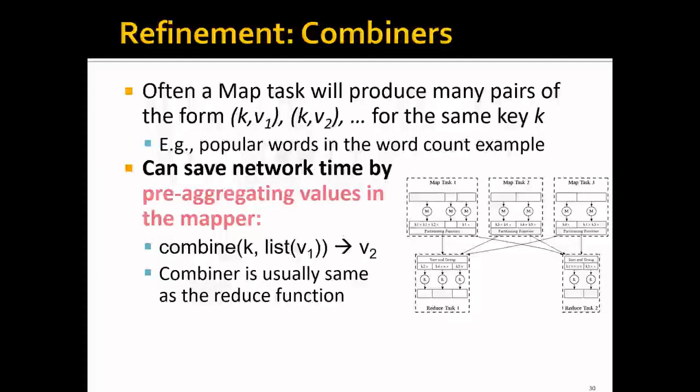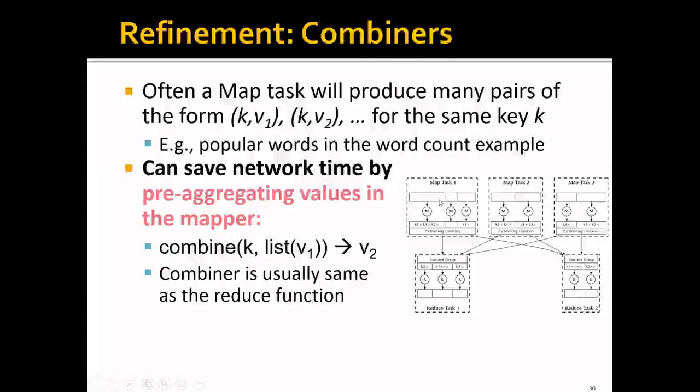And you note that the map task will distribute all these pairs into several different reduce tasks. So this is very expensive network communication. And we can save this network time by actually pre-aggregating the values inside this map task.